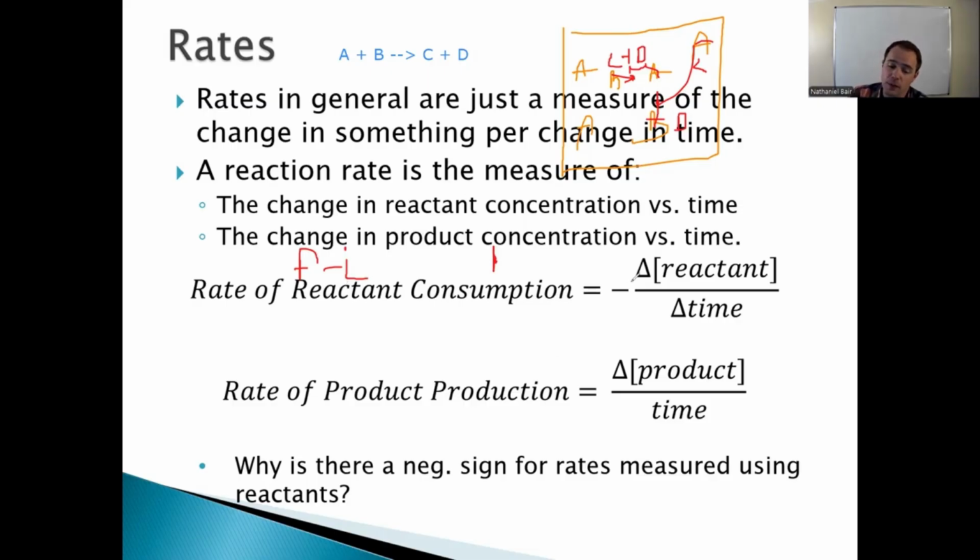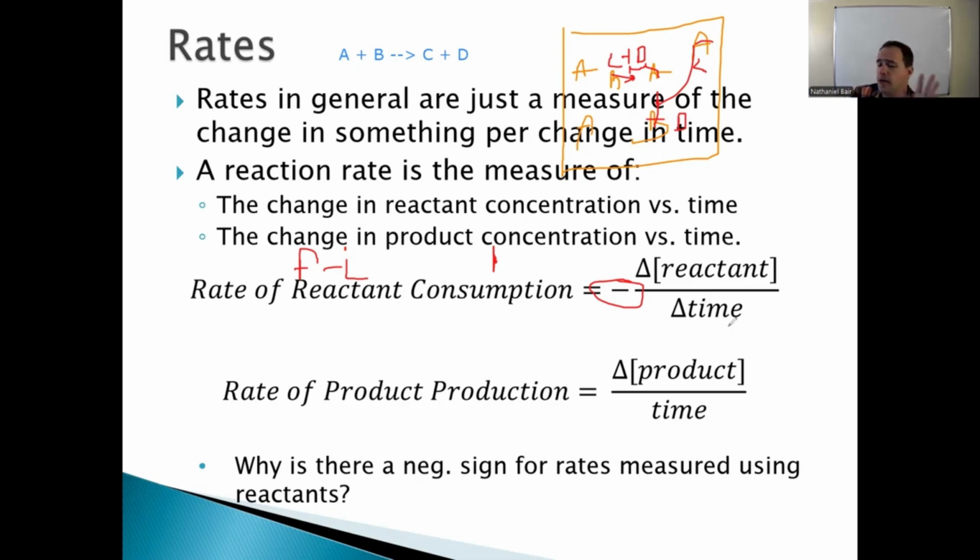So if my final number is always smaller than my initial number, we'll get a negative value. So that's why if you measure the change in concentration of a reactant, you're going to end up with a negative value, because as the reaction progresses, you're losing reactants. So there's going to be less of it in there. Final minus initial, smaller number minus a bigger number, is always going to give you a negative value.